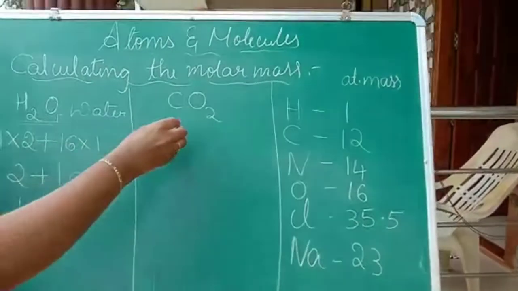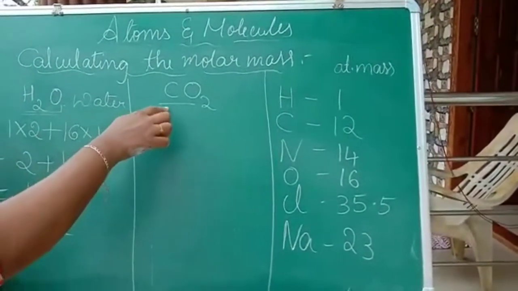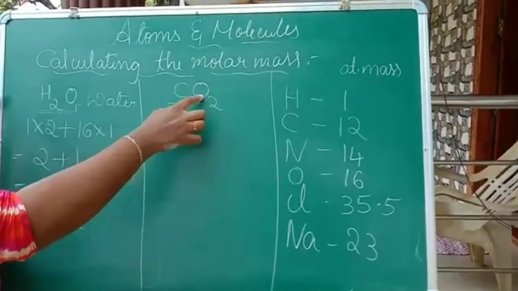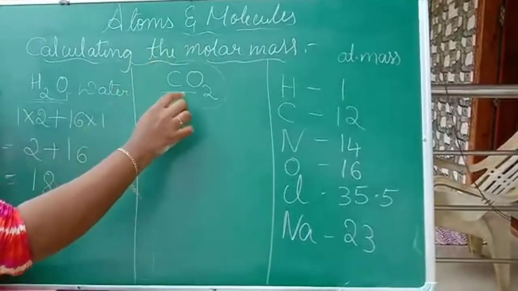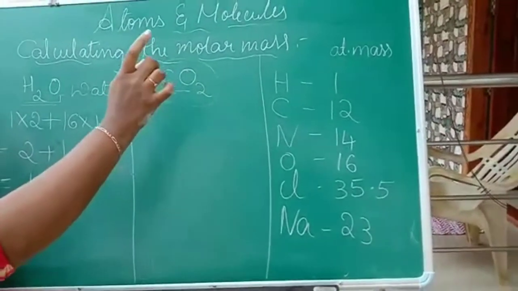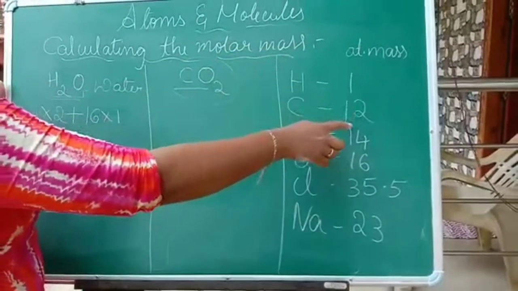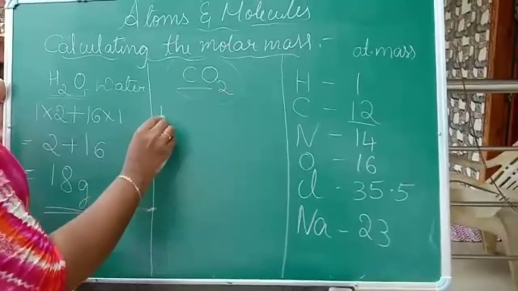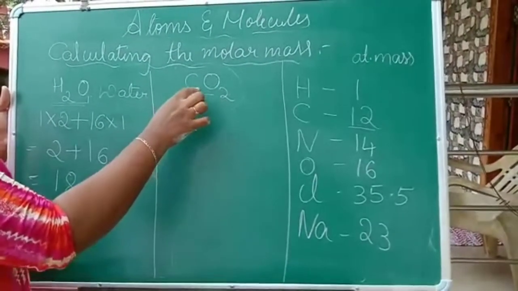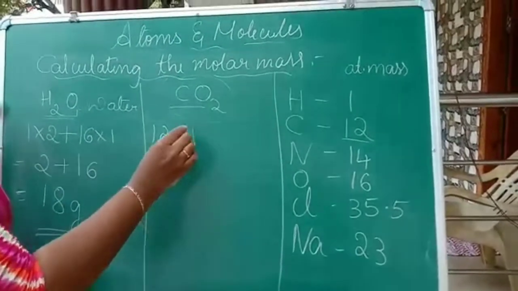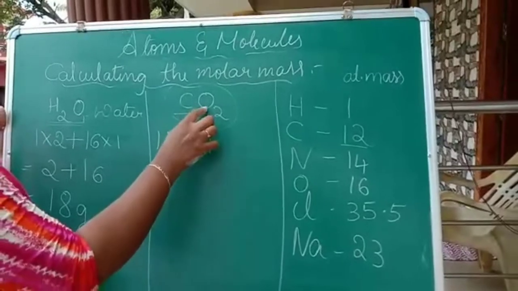Now coming to CO2. CO2 means carbon and oxygen. The combination of carbon and oxygen gives you carbon dioxide. Carbon's atomic mass is 12, right? So 12 into how many carbons are there here? There is no number along with the C, so put it as 1, plus oxygen.